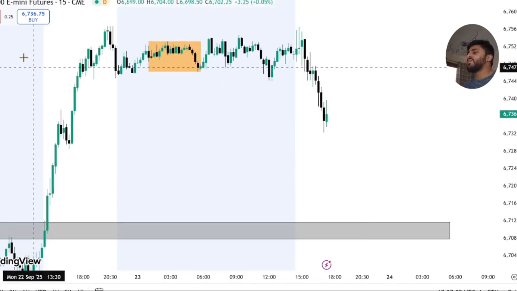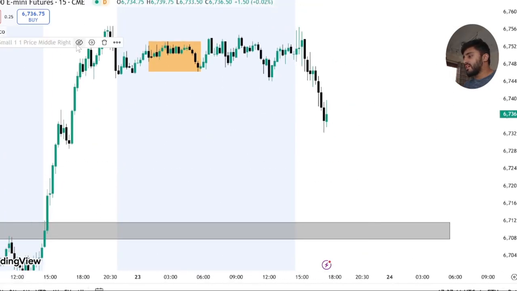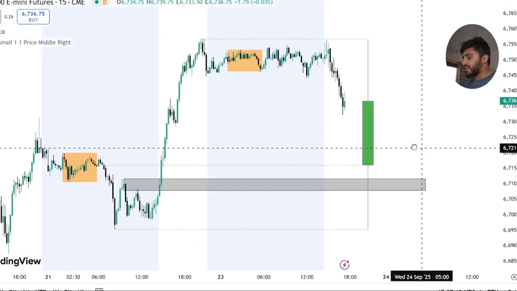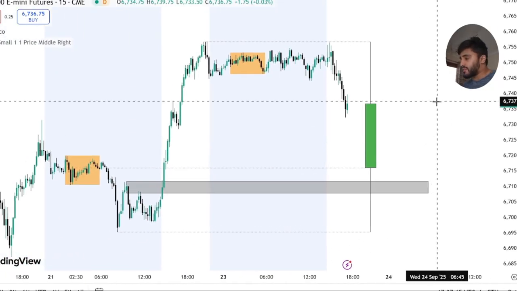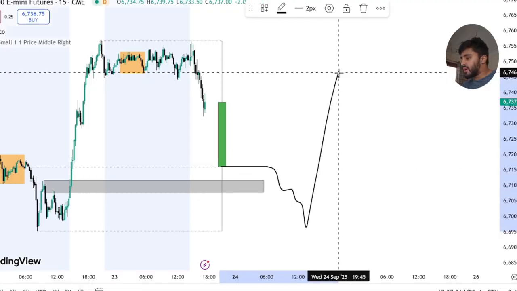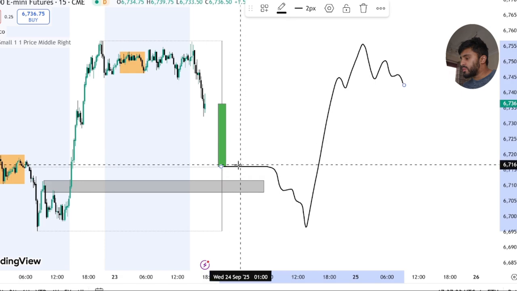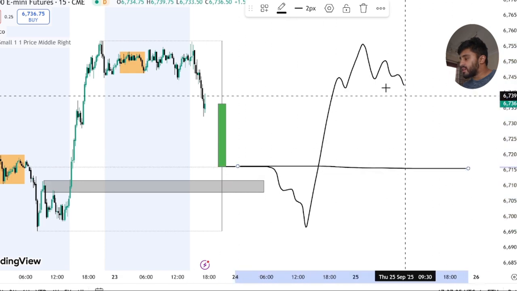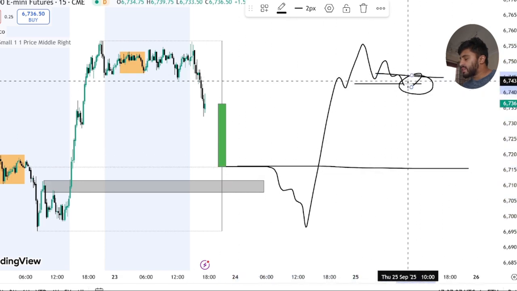Let's take a look at where we were on Tuesday. On Tuesday, I like to use the weekly opening price and the weekly power of 3. For those who don't understand why I use the power of 3, a weekly candle will open, we will head lower and higher. When we're above the weekly opening price, which is down here, we ideally want to be looking for sells.